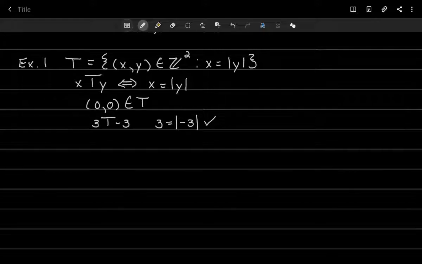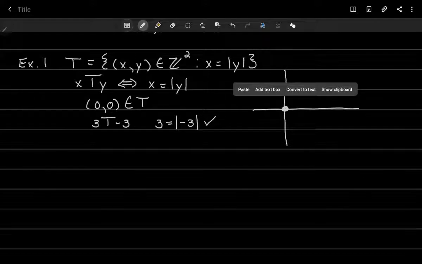In fact, if you wanted to graph and see all the ordered pairs that fit this, well, we said (0, 0) works. We're also going to get (1, 1) and (1, -1).